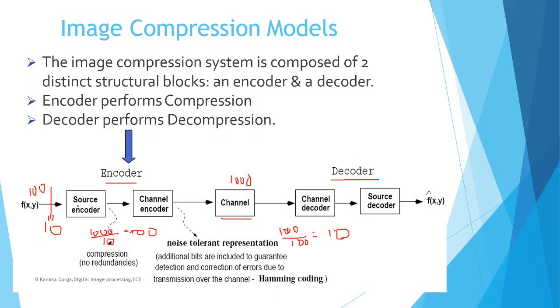The source encoder removes whatever redundancy is present in the data. Redundant data is nothing but repetition of data, and the repetition is removed on the source encoder side.